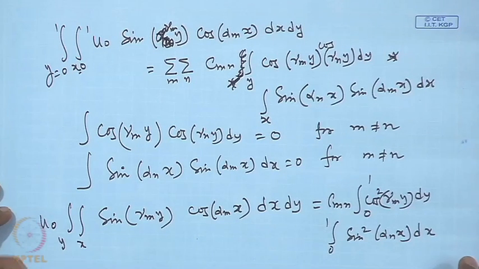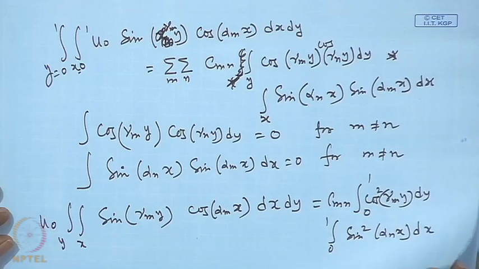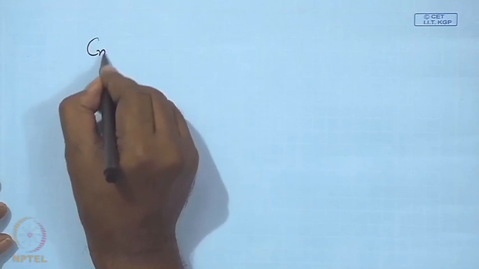So, we know the value of the integral of cos square nu m y from 0 to 1 will be half, but this value is not half here, so we will be getting this equation by solving whatever we have done earlier. We already know how to handle this integral, so I will just write down the value of C m n.